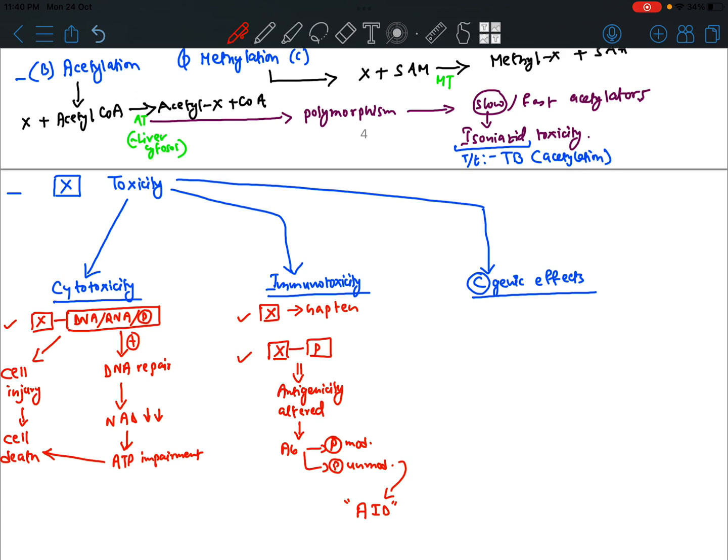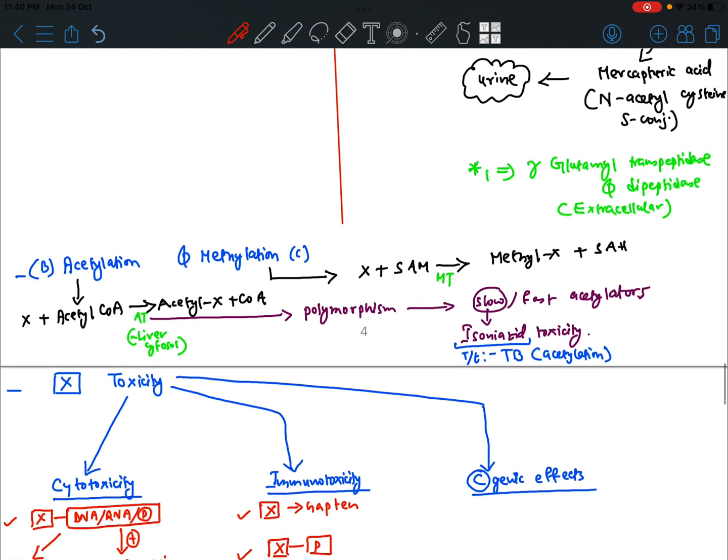So yeah, it can lead to autoimmune disease, right?